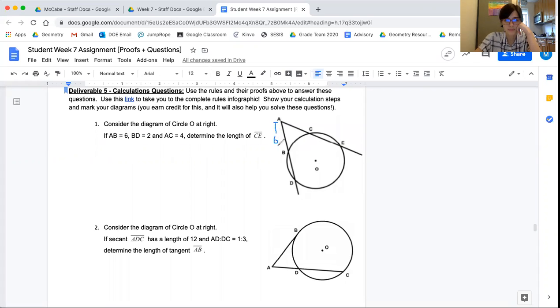If AB is 6, BD is 2, and AC is 4. So I'm marking from A to C as 4. Determine the length of CE.